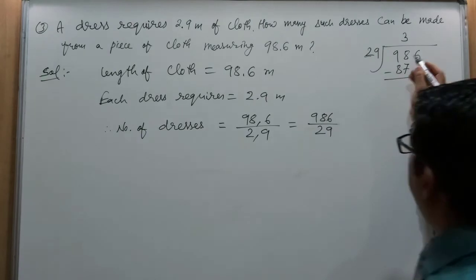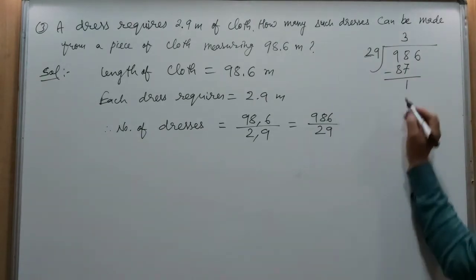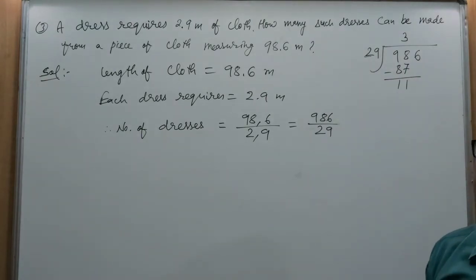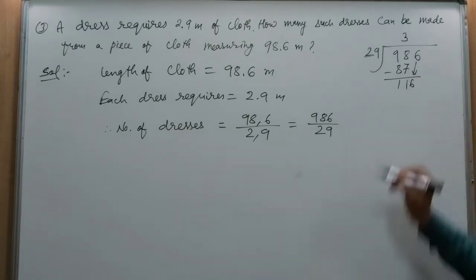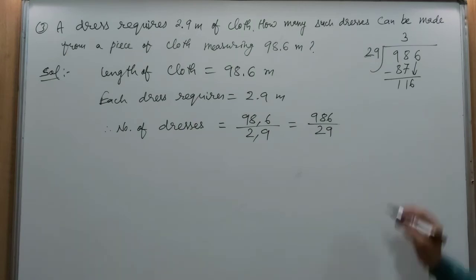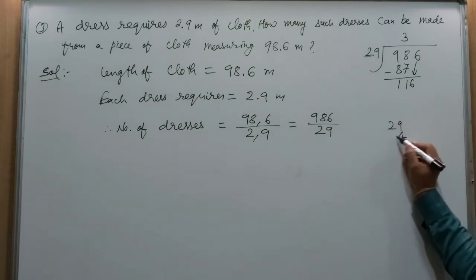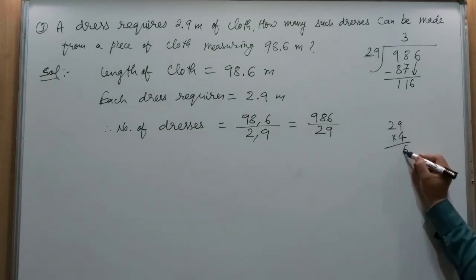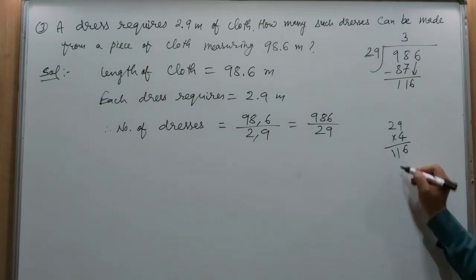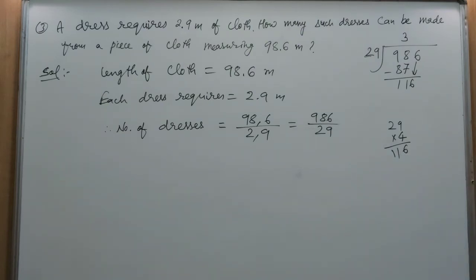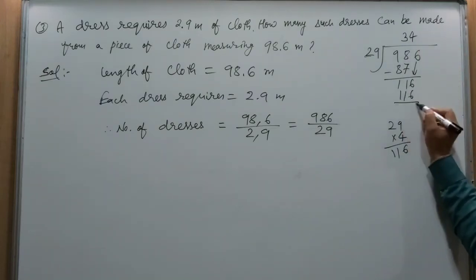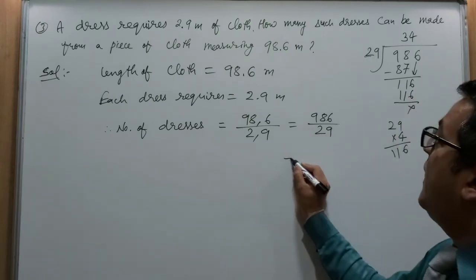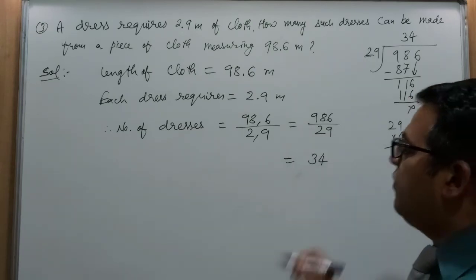So after division, what we have here? 1 we have here. Here also we have 1, so 11. Now rule says that we need to shift the next digit. Now we'll check it for 4 times. 4 times it is completely divisible, as you can see here. So 4. So after dividing, what we have? 34.